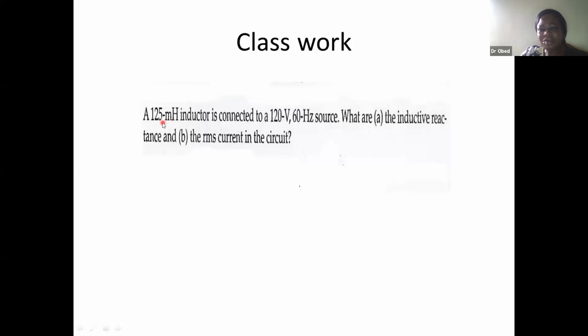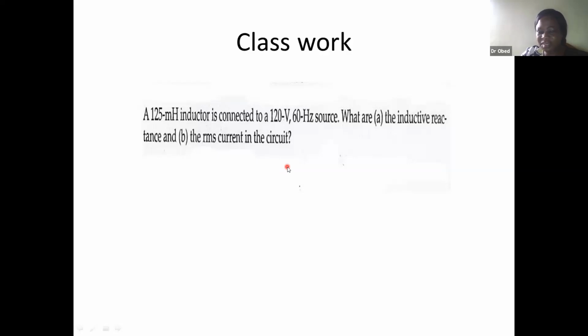That means when you are doing your calculations, you have to use 125 times 10 raised to the power minus 3 henries. So a 125 millihenry inductor is connected to a 120 volts, 60 hertz source. What are A, the inductive reactance, and B, the RMS current in the circuit?